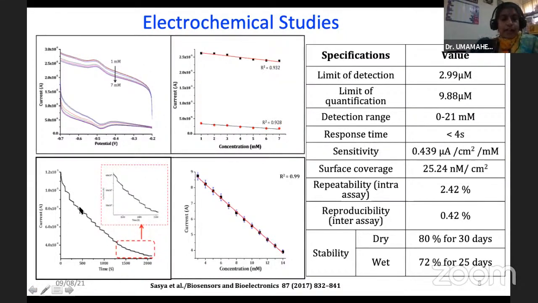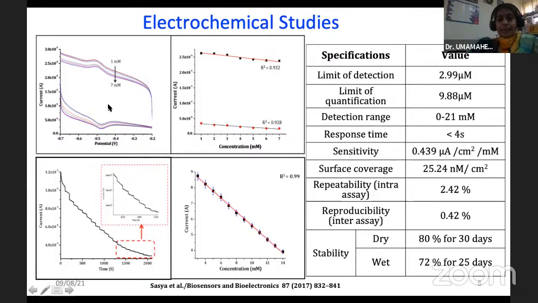For every addition of the analyte in the amperometry, we could see a step response indicating a change in the current. We were able to achieve a detection range for glucose up to 21 millimolar, which is quite a wide range. The response time was pretty rapid, about 3 to 4 seconds.